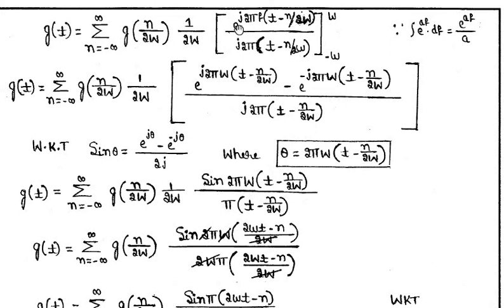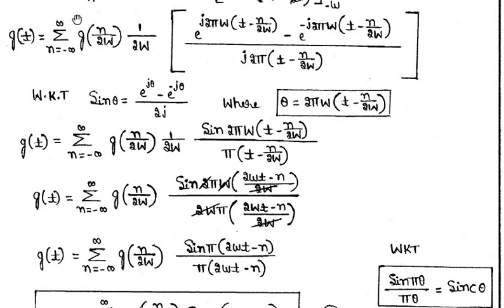So when I substitute in the f position, I will get e to the power j2 pi w t minus n by 2w minus e to the power minus j2 pi w t minus n by 2w divided by j2 pi t minus n by 2w. So this term, if you observe, it is in the form of e to the power j theta minus e to the power minus j theta divided by j theta, which we know is sin theta.